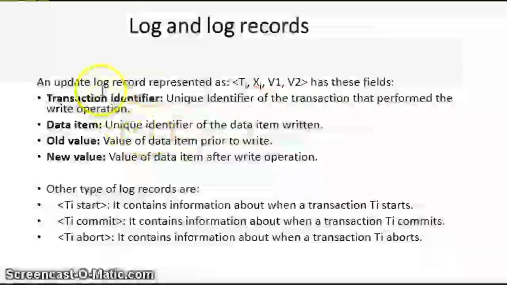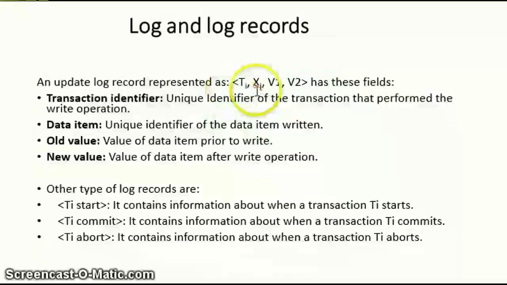An update log record structure is <Ti, X, V1, V2>. Ti means the transaction ID, which says this log belongs to which transaction.